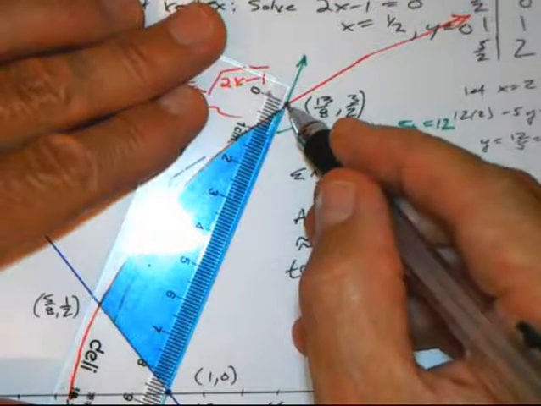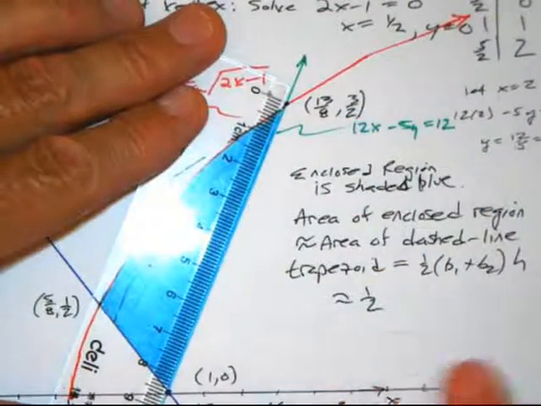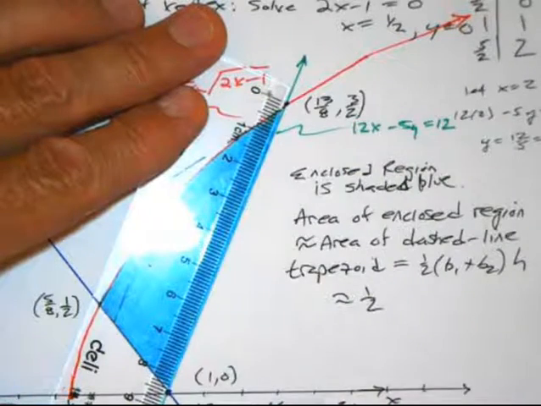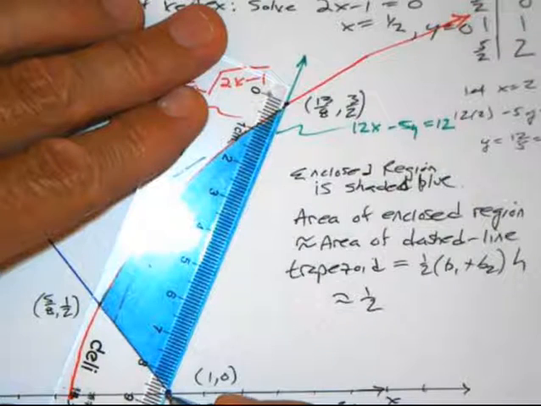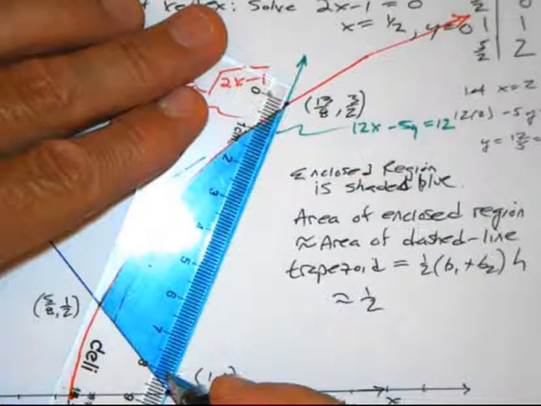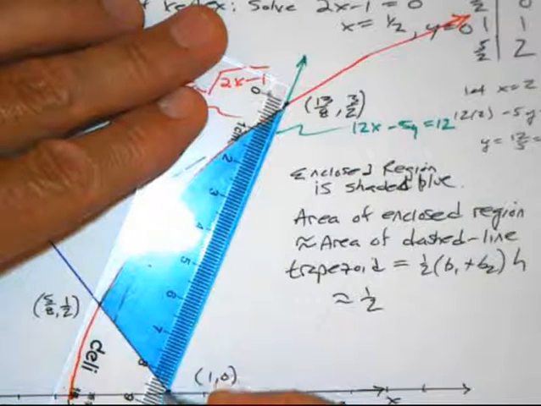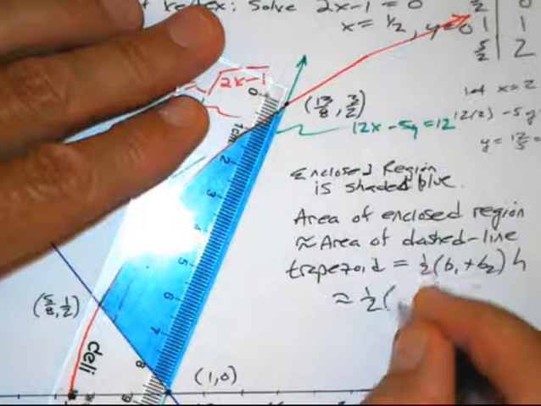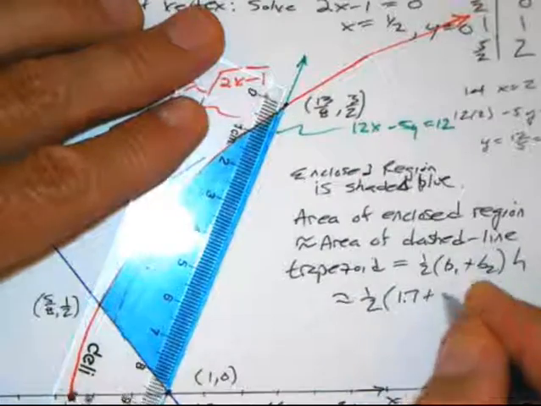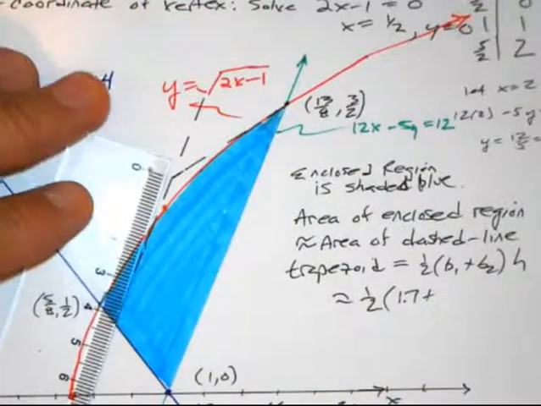Now remember, these are being scaled at 1/5 of a unit per centimeter, right? So here I've got 8.5 fifths. Okay, so let's see, there's 8/5, that's 1.6, and another 1/10. So we'll say that's 1.7. Base 2.